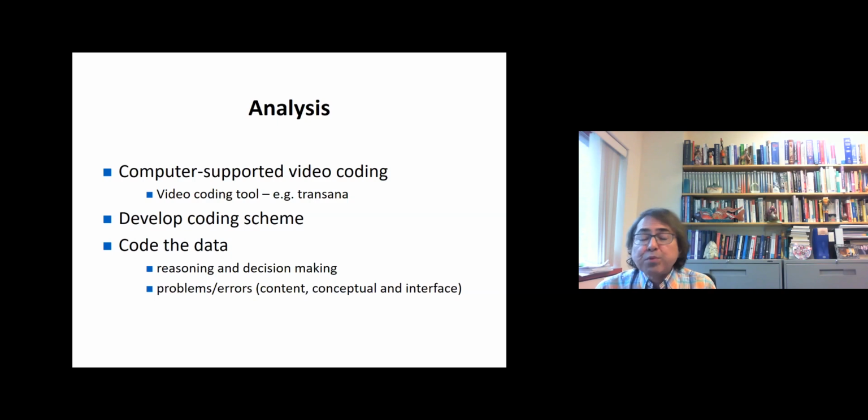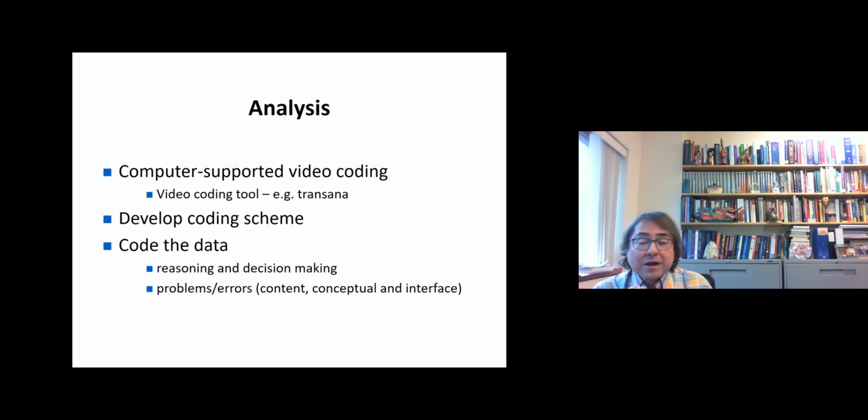We didn't have to be as fancy as using computer-supported video coding, but we actually started working with that back then. We used something called Transana since then, but before that we used something called CVideo that allowed people to annotate VHS videos of home movies on a Mac SE. We modified that for annotating actual mouse clicks and what people were doing.